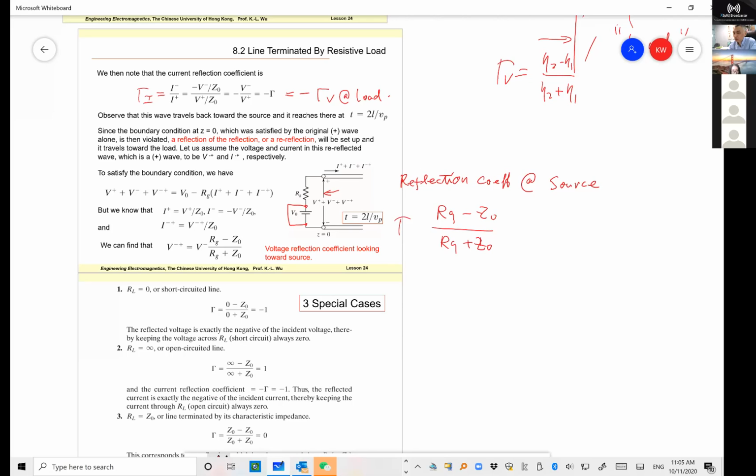The reflection coefficient for voltage at the load is equal to minus the current reflection coefficient at the source.